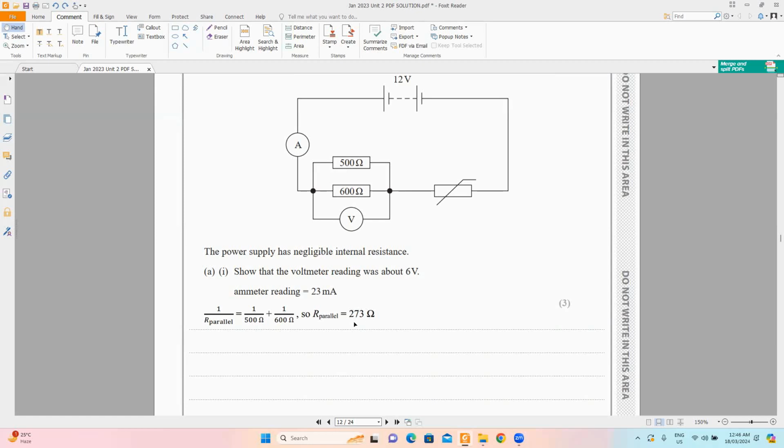So here I have the total resistance in the parallel branch. And if I have the resistance, I know the current as well. Current is 23 milliampere, so the voltage would be V equals IR. So 23 milliampere times the total resistance gives me the total voltage across the parallel branch.